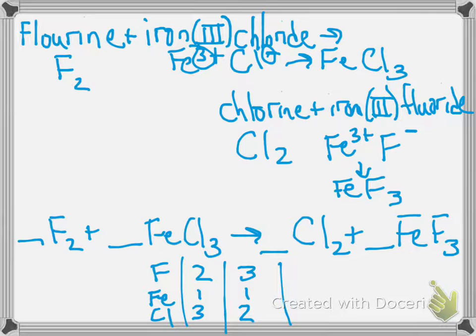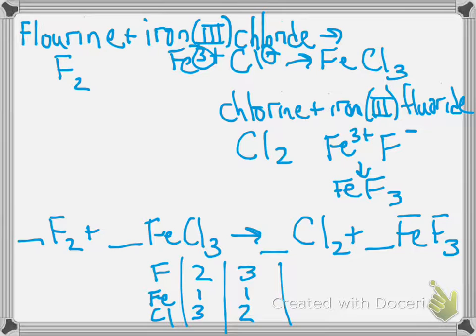When we're first starting out balancing an equation, we have to look at the subscripts, the small numbers to the right of each substance. We don't have any polyatomic ions here, so we don't have to do anything special with that. The first thing we're going to do is resolve our issue with fluorine.